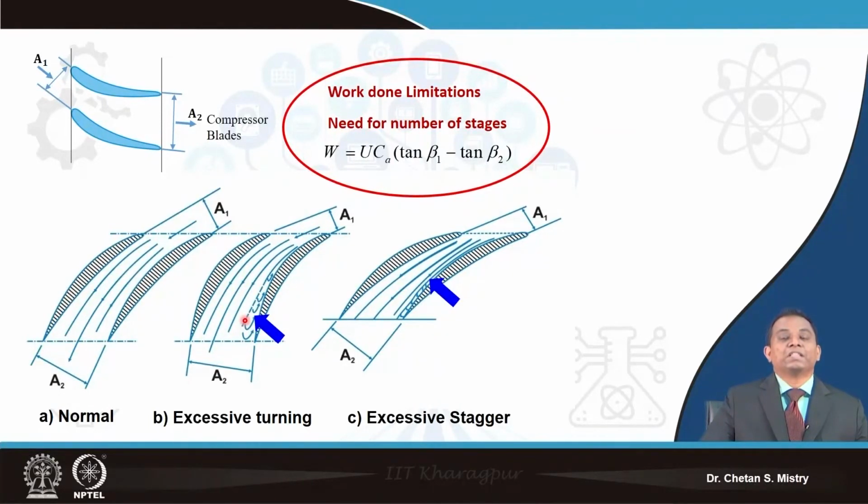That's the reason, as I told you, the compressor is working under an adverse pressure gradient, and if you go aggressive in loading or in achieving high work done, you may need to pay in terms of flow separation. The terminology we use in a compressor for flow separation is stalling of my compressor.